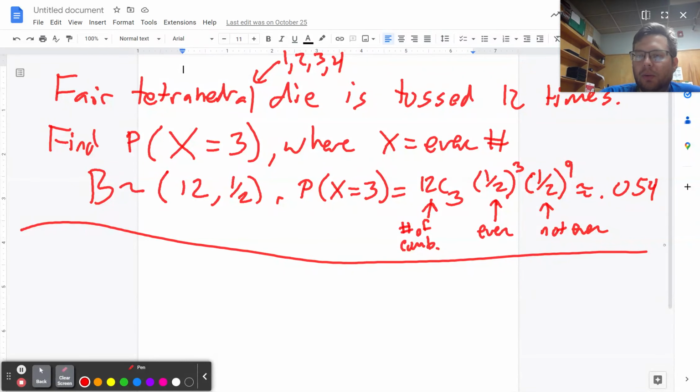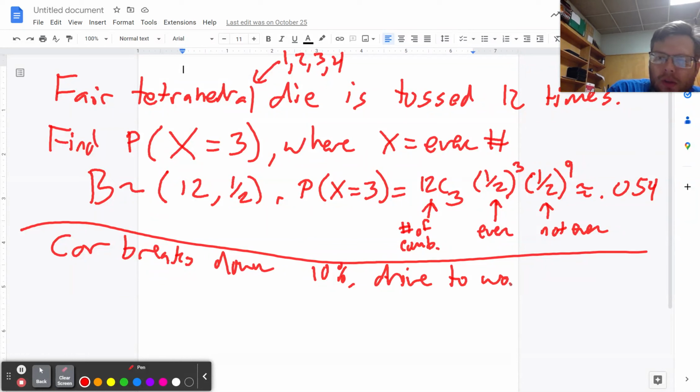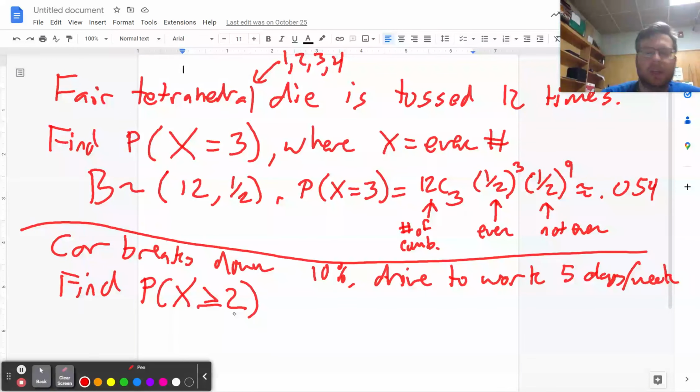So let's say that your car will break down 10% of the time, and you have to drive to work 5 days a week, just for example here. Let's find the probability that your car is going to break down 2 or more times in the week.